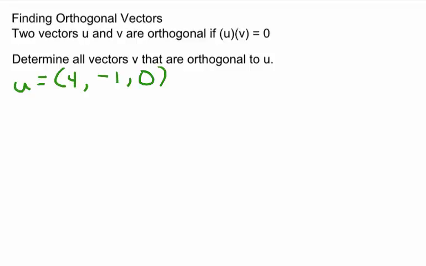We'll let vector u equal 4, -1, 0. Let's call vector v, v sub 1, v sub 2, v sub 3.